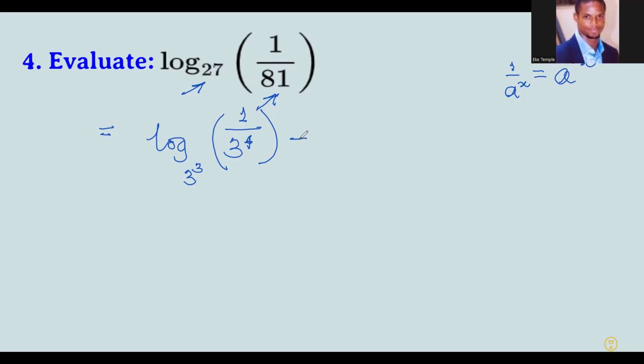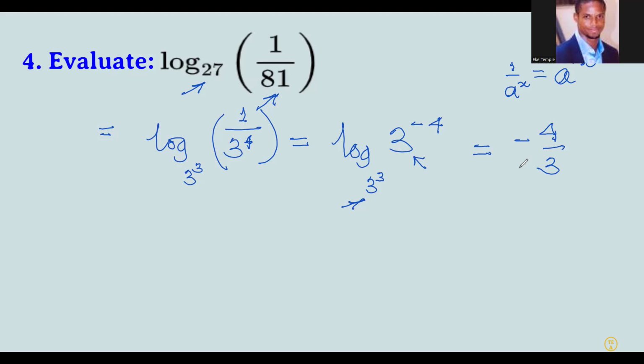So this can be written as log base 3 to the power 3 of 3 to the power minus 4. And look at it, another law. Remember that law? The base contains 3 to a power. The argument contains 3 to another power. And simply, power up divided by the power down.